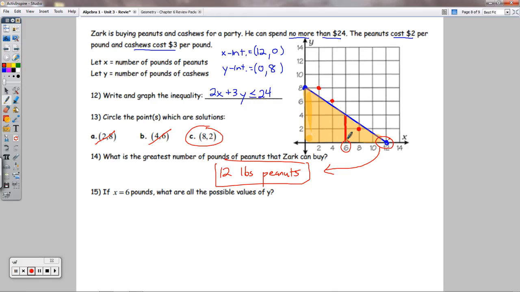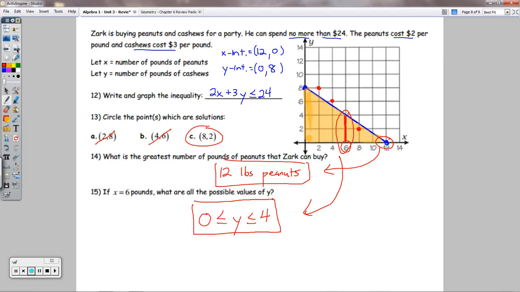Well, it'd be anything along that segment right there. So we're saying that 0 is less than or equal to y, which is less than or equal to 4. You could buy 0 pounds of cashews, all the way up to 4 pounds of cashews and still stay at $24 or less.